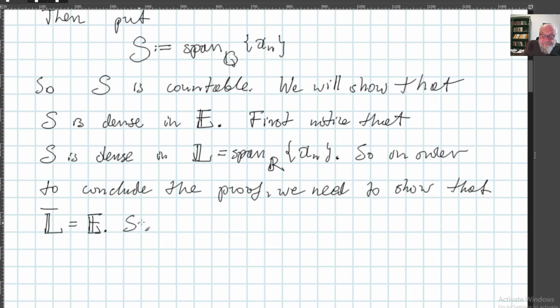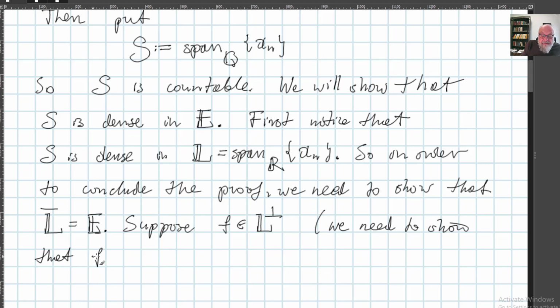Suppose F belongs to L perpendicular. If F belongs to the perpendicular, particularly we need to show that F is identically 0. That's what we need to show.